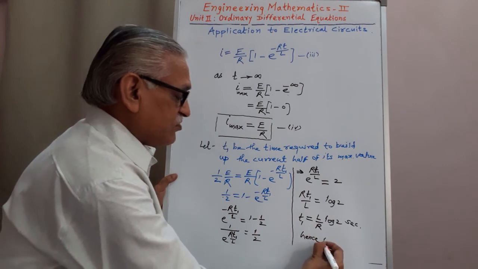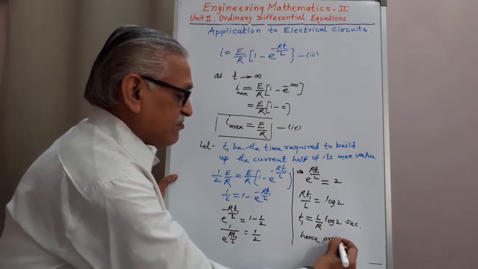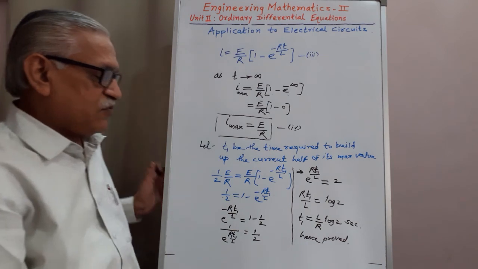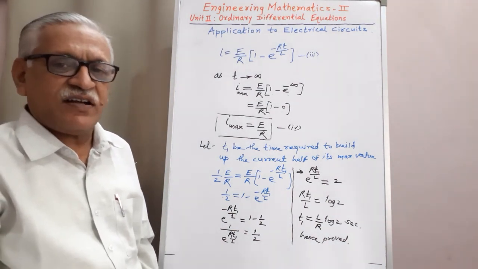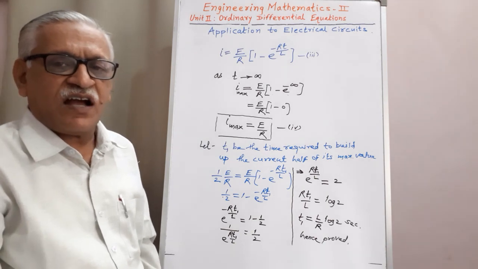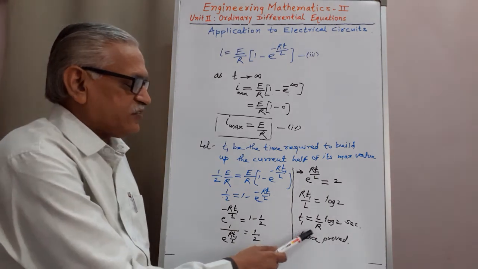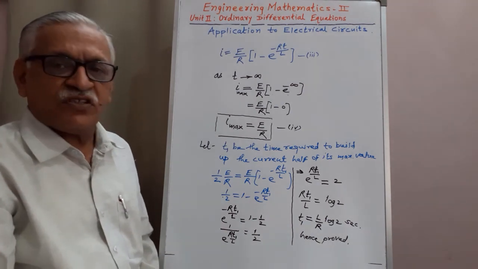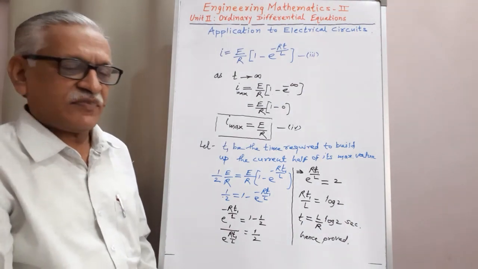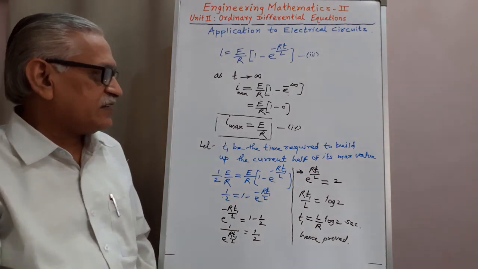Hence proved. Therefore, T1 is the time required for the current to become half of its maximum value, and its value we are getting as L by R into log of 2 second. As it is time, we measure it in second.